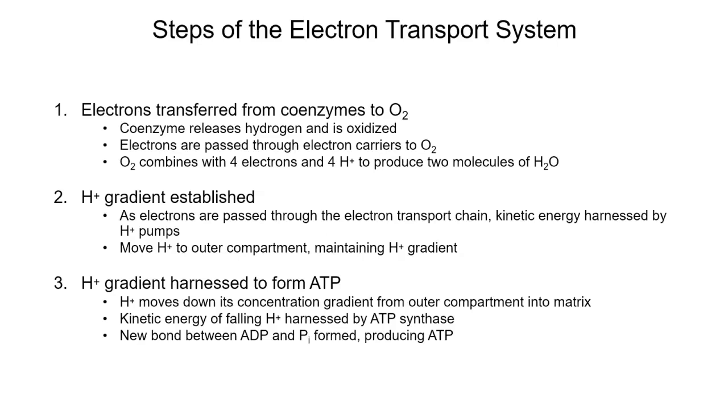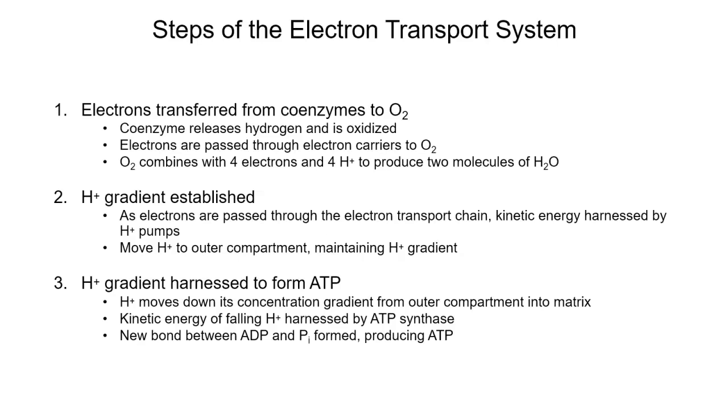Then that hydrogen ion gradient is harnessed to form ATP. Hydrogen ions move down the concentration gradient, transported across the inner membrane by ATP synthase, which is an enzyme. It moves from the outer compartment into the matrix. This process is sort of like water falling over a dam and turning a water wheel.